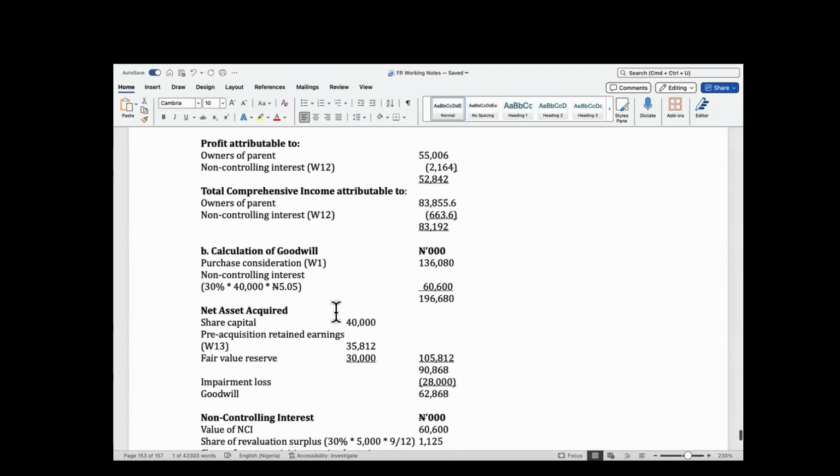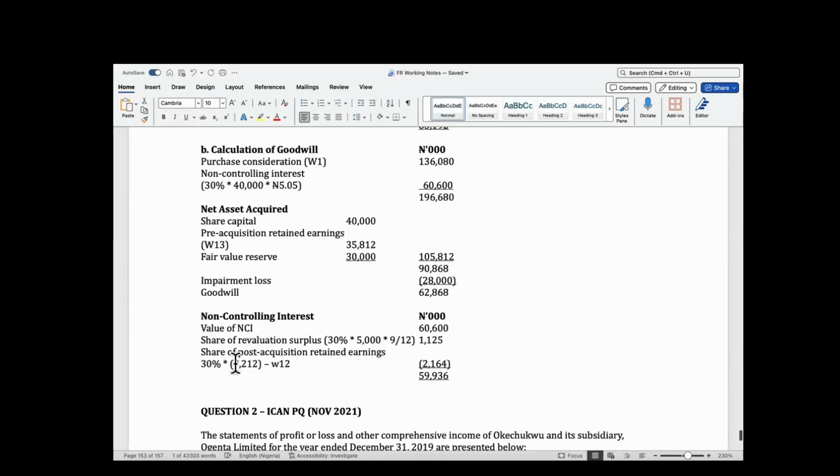So just 30% of that to have a share of post-acquisition retained earnings. Then that gives me 2,164. Then I accumulate all this, it brings it to 59,561. And that's the end of this question.